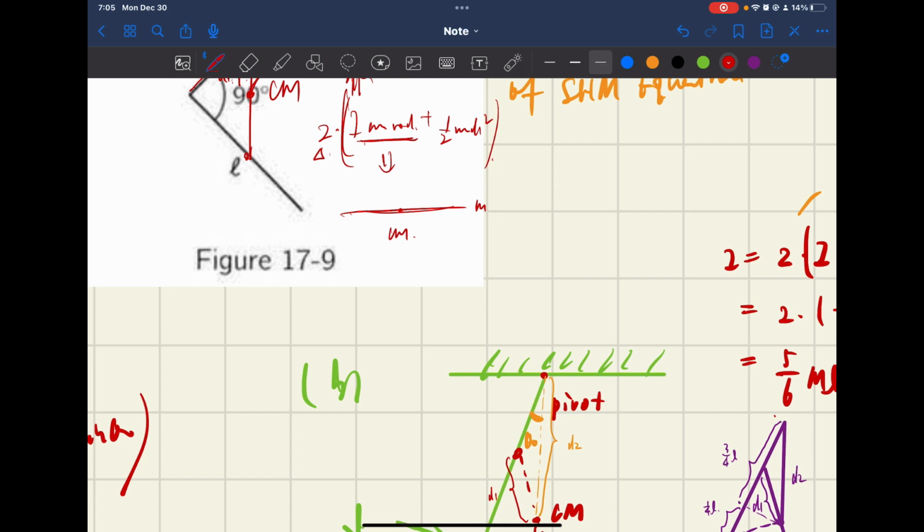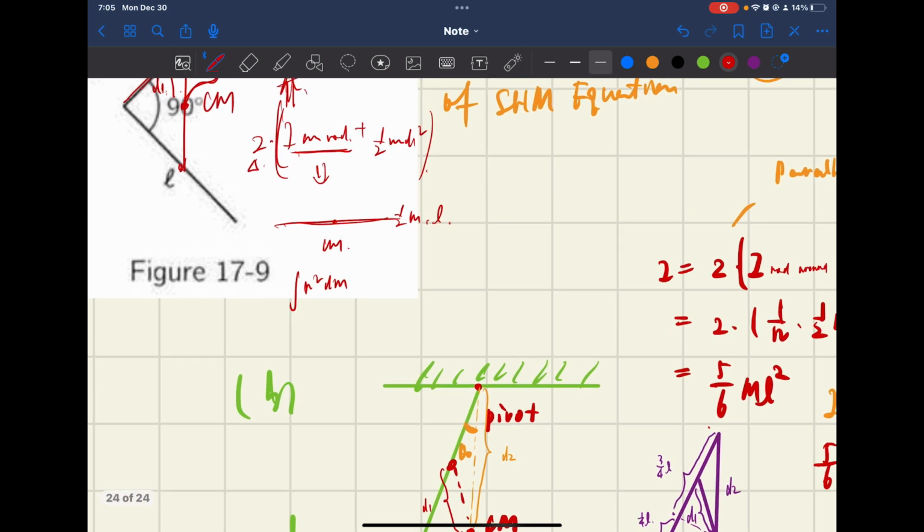The definition of the moment of inertia is the integral of r squared times dm. So it equals 2, this is 0, this is 1/2 L.